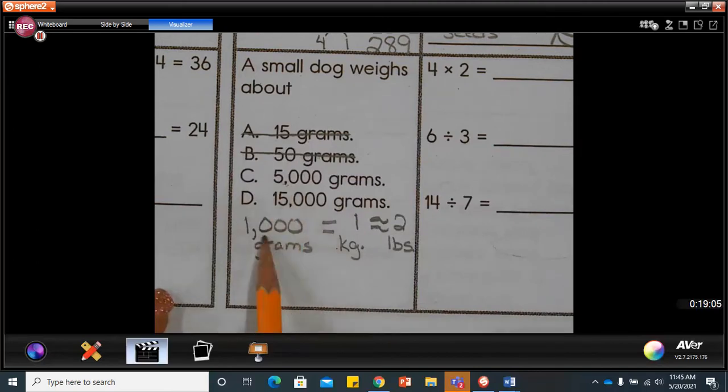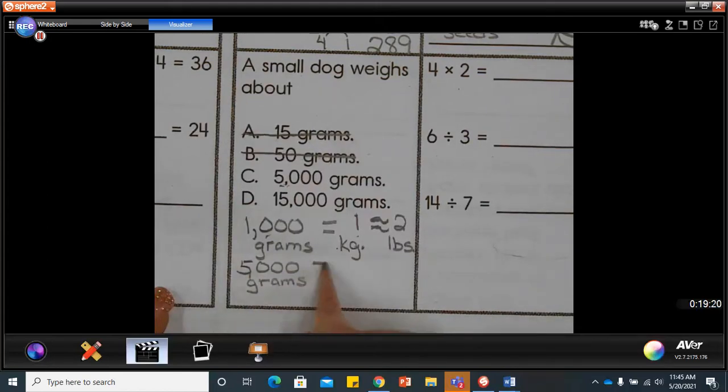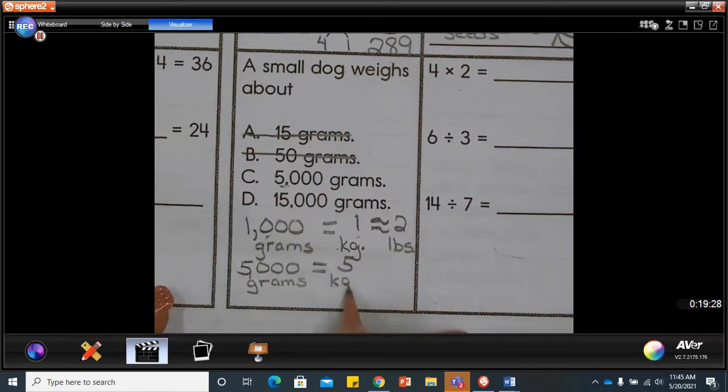Now, what we just talked about, it says 1,000 grams is equal to 1 kilogram. So if I have 5,000 grams, how many kilograms would that be? Right, it would be 5 kilograms.